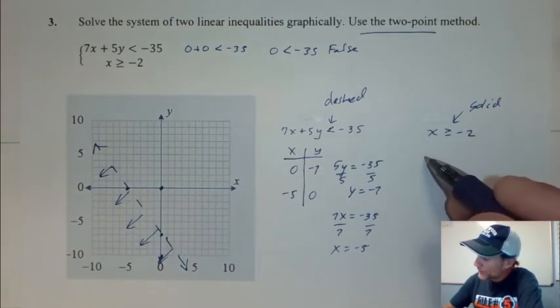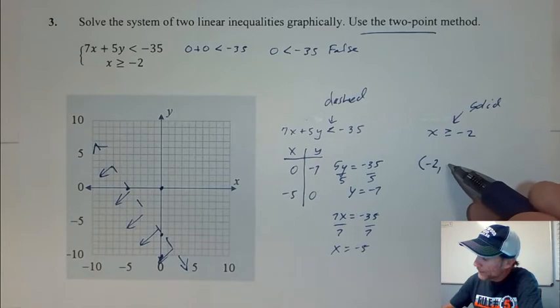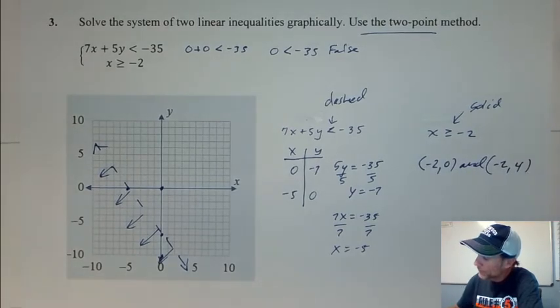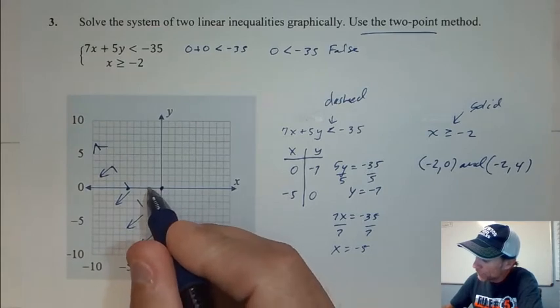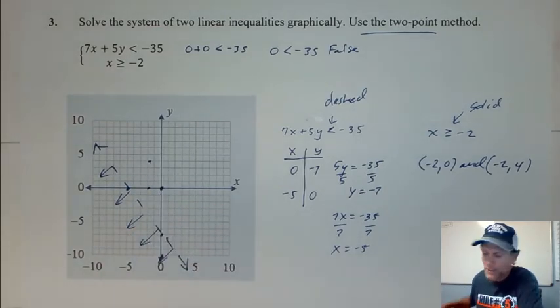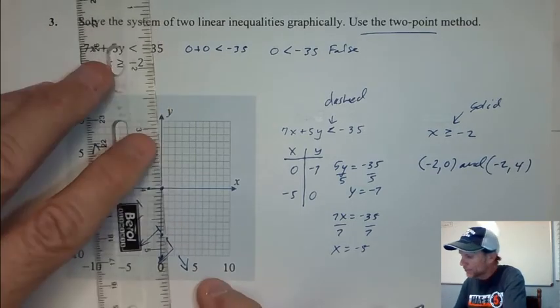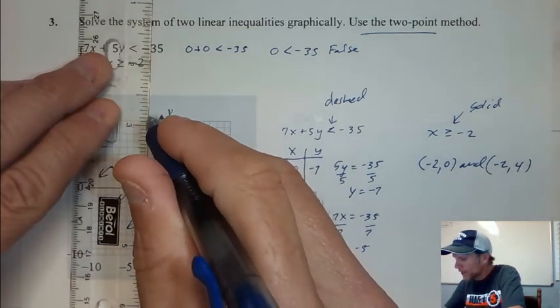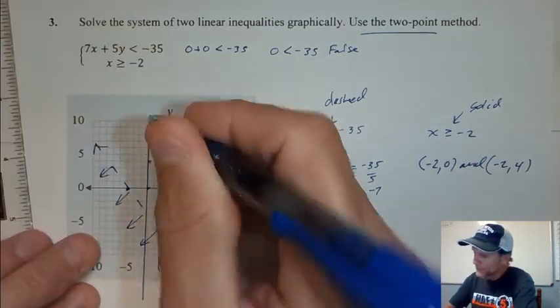Then we've seen this before. My x value is negative 2, and I'm going to pick y values. So I'm just going to do negative 2, 0 and negative 2, 4. So there's those points stacked vertically, and it's a solid line through there. Okay. I'll draw in my solid line. I'm not going to do this one on Desmos.